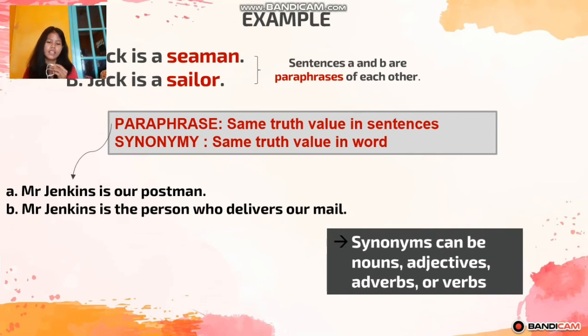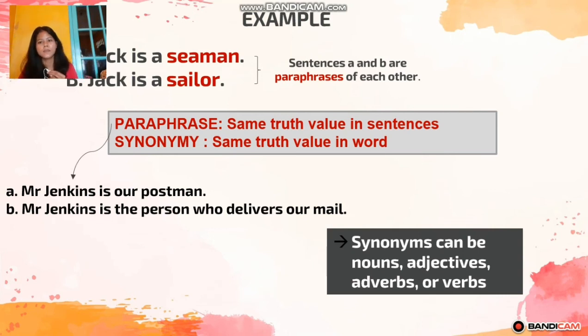Paraphrase is of central value in sentences. Another example of paraphrase is sentence A, Mr. Jenkins is our postman. And sentence B, Mr. Jenkins is the person who delivers our mail. These two sentences, which are paraphrases, may differ in the way they are worded.